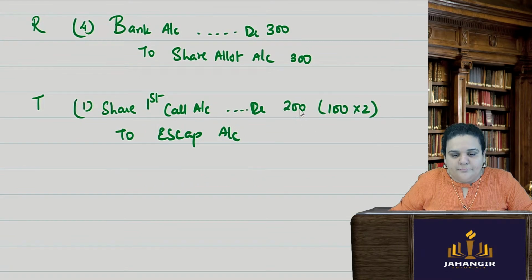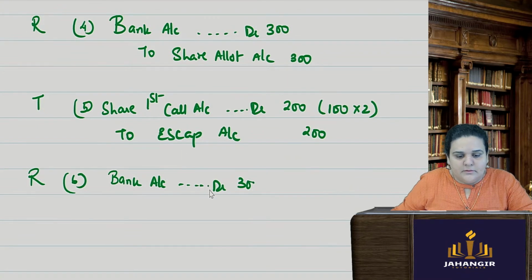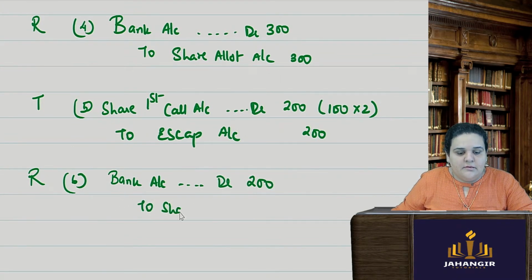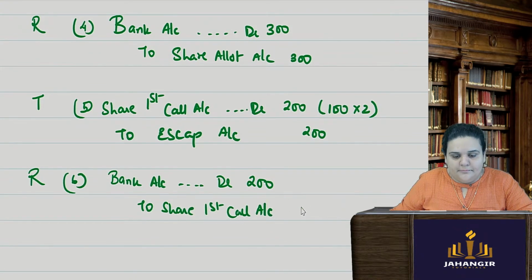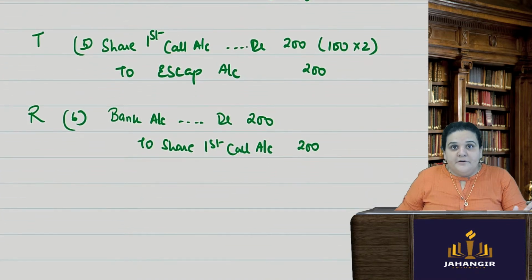So 200. And then at the time of receipt, my sixth journal entry will be bank account debit 200 rupees to share first call account 200. So I am done with my first call stage.